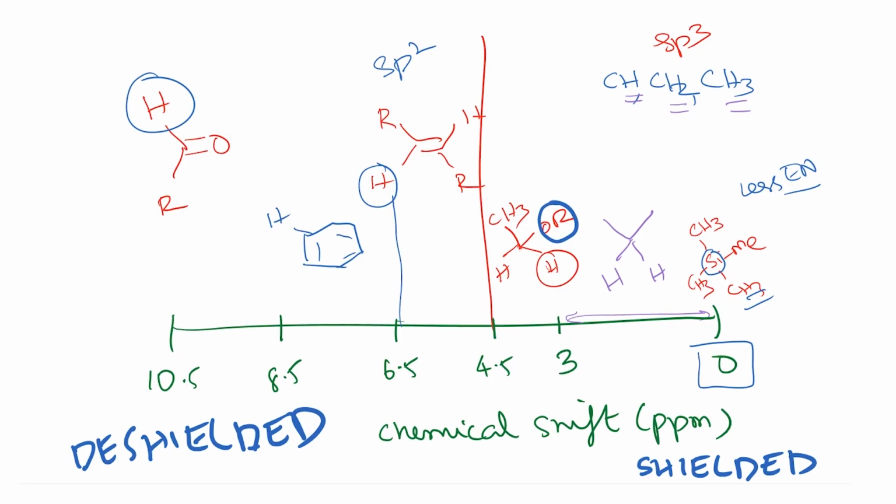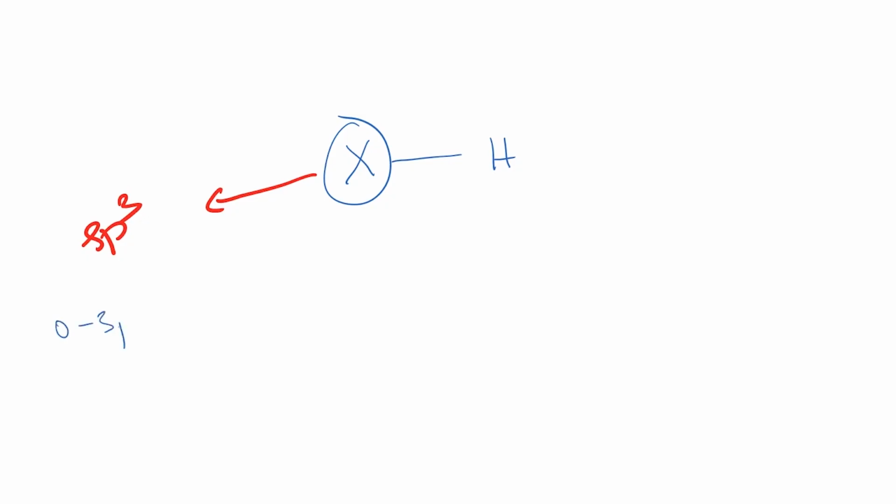that NMR spectroscopy allows us to develop a framework where we can understand the local environment around the hydrogen. So, if the hydrogen is connected to a group X, okay, and if this X is, I am talking about a carbon, if this carbon is sp3 hybridized, then you have a fairly reasonable idea that it will show up between 0 and 3 ppm.